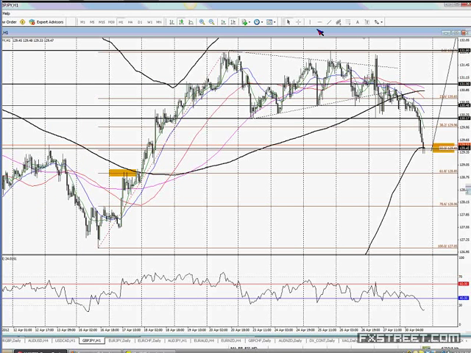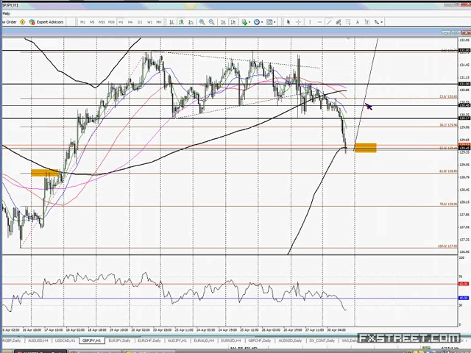Okay, so that's one scenario. The other scenario is if it doesn't break above 131 and it does stay, let's say, below 130.50, what's a range breakout projection? One way is to use the width of your range and project it in the direction of the breakout, as such.